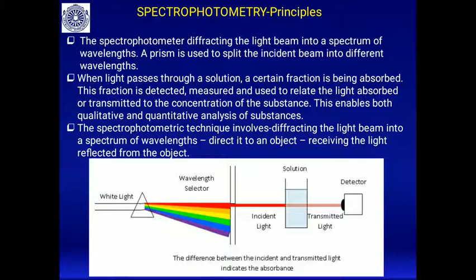The spectrophotometer diffracts the light beam into a spectrum of wavelengths. You will see there is a prism, which is used to split the incident beam into different wavelengths, as you see in the picture. When the light passes through a solution, a certain fraction is absorbed and a fraction is transmitted and detected in a detector.